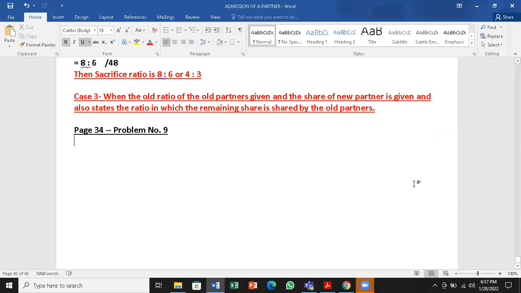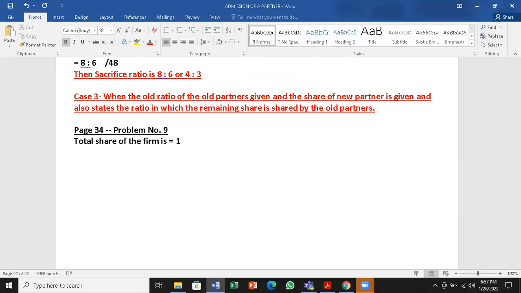So here first we have to know how much is the total share of the firm. Remember always, the total share of the firm is always 1.